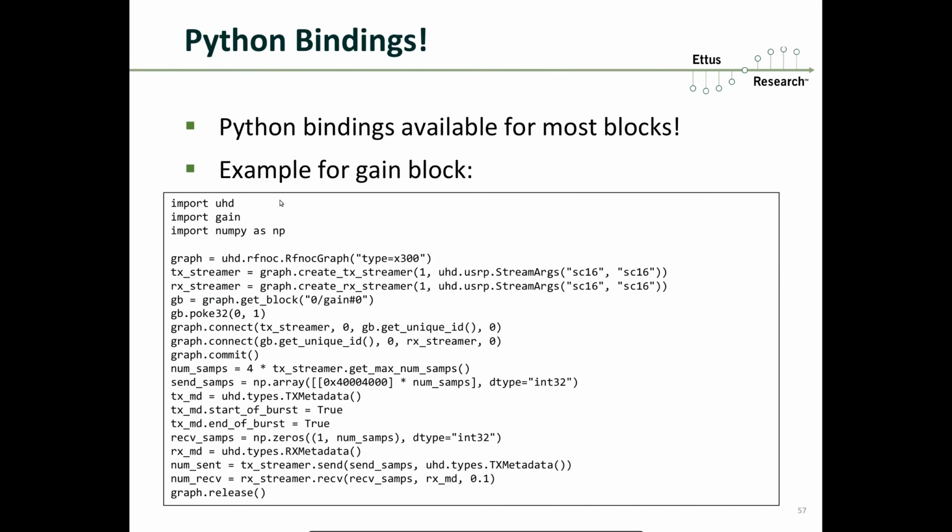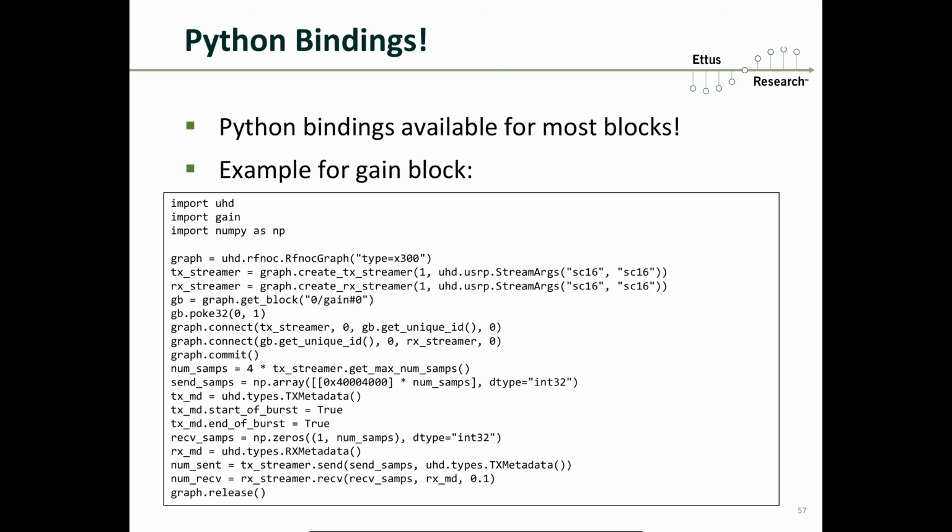Now, one thing I also want to bring up, and this is really a great feature of rfnoc 4 that we didn't have in rfnoc 3, is support for Python bindings for our rfnoc blocks. Most blocks have these already available in tree, the blocks that are in the UHD tree. And for our gain block, if we were to create a Python script to access our gain block through Python bindings, this is what it would look like.